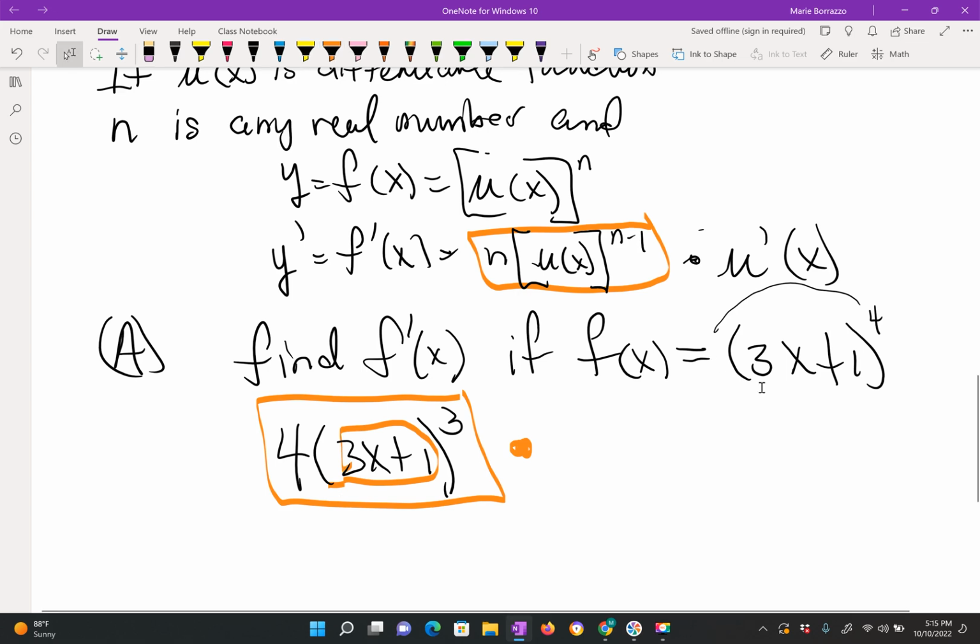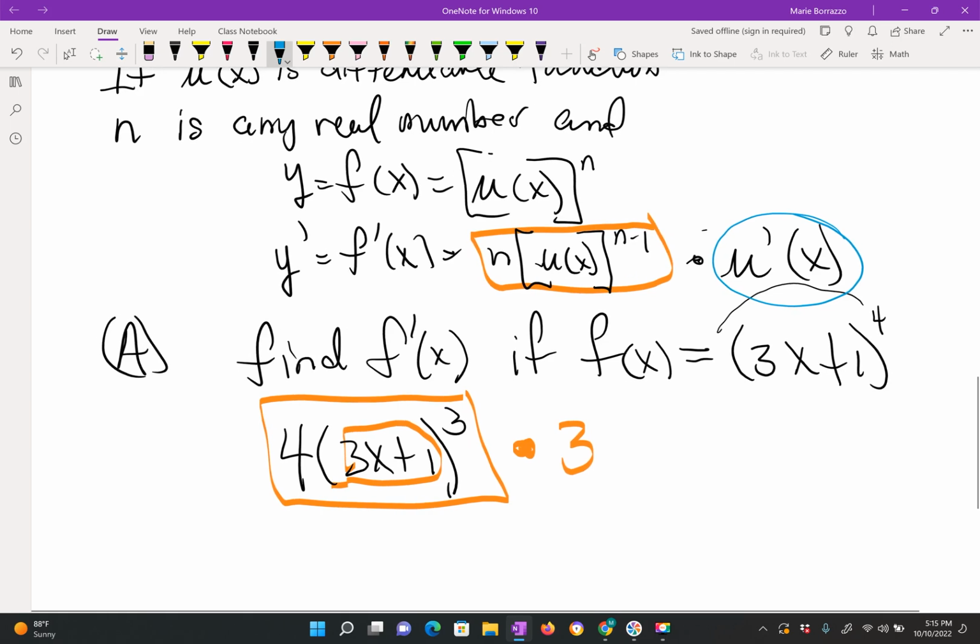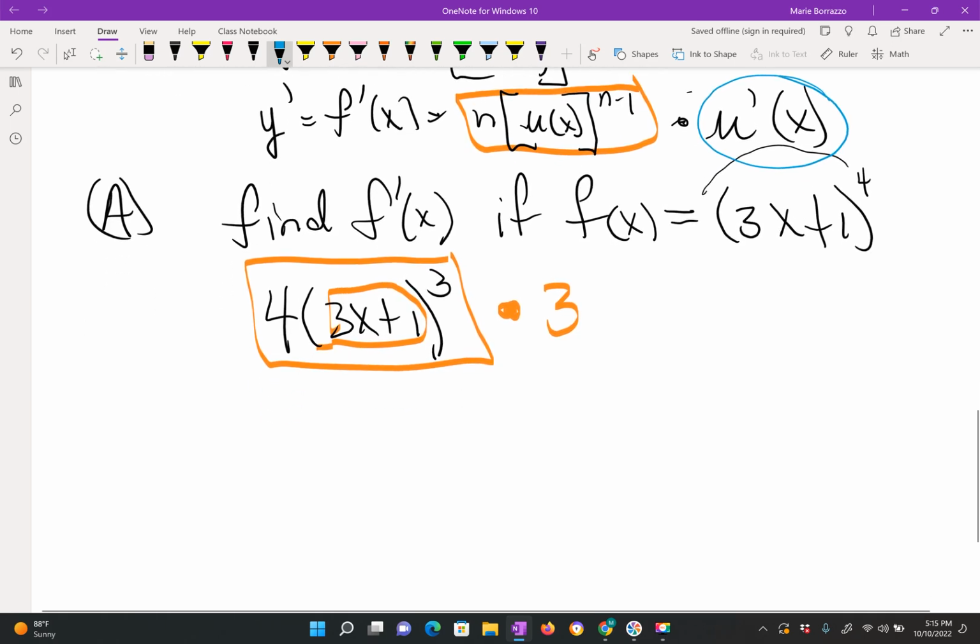So in this case, if I take the derivative of 3x plus 1, I'm going to multiply it by just 3. That's what all this junk means. So now we're going to multiply 3 times 4, so this times this, which gives us 12.